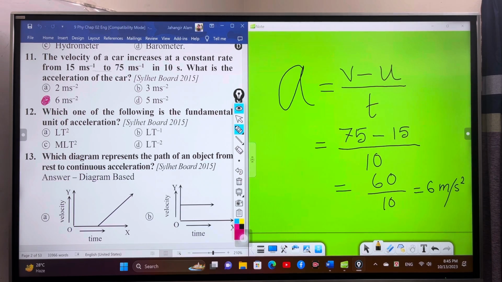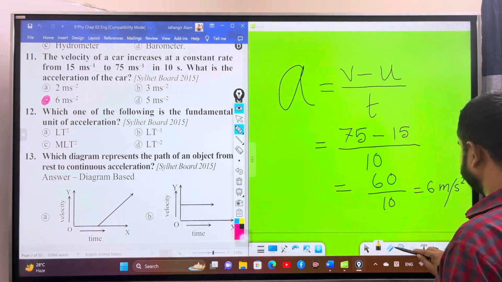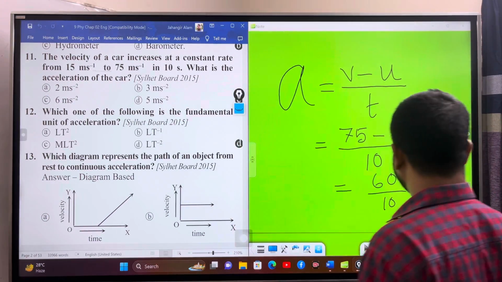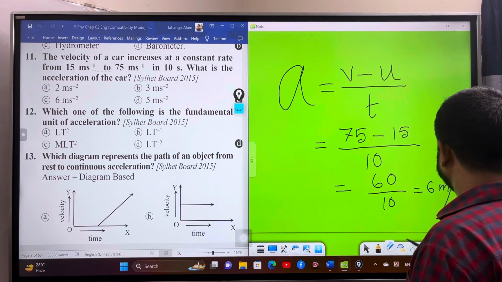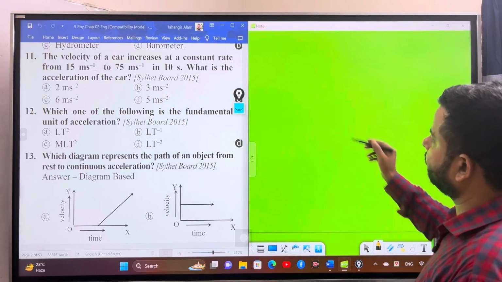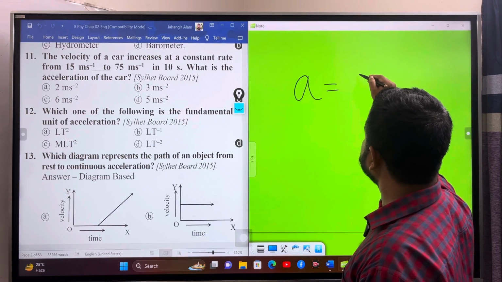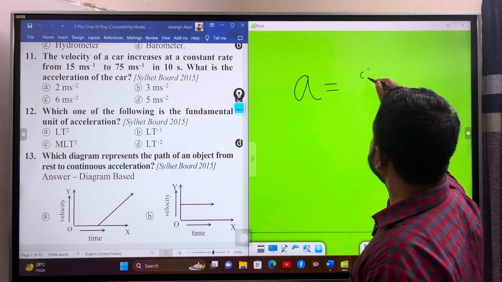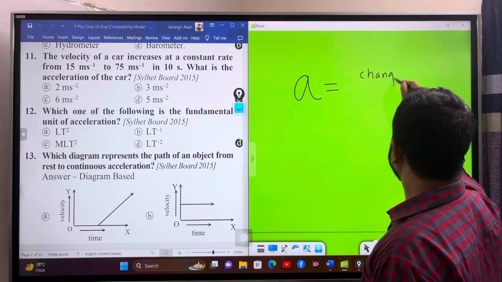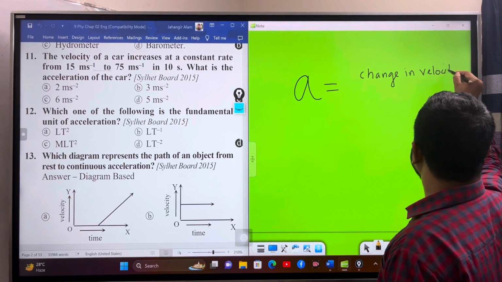Now, which one of the following is the fundamental unit of acceleration? Remember the dimension of acceleration. Acceleration equals change in velocity divided by time taken.